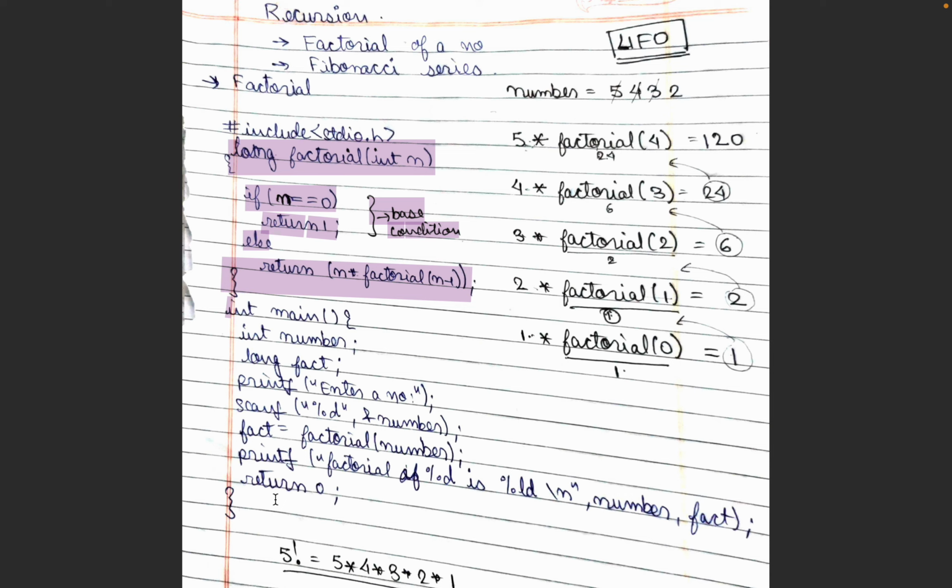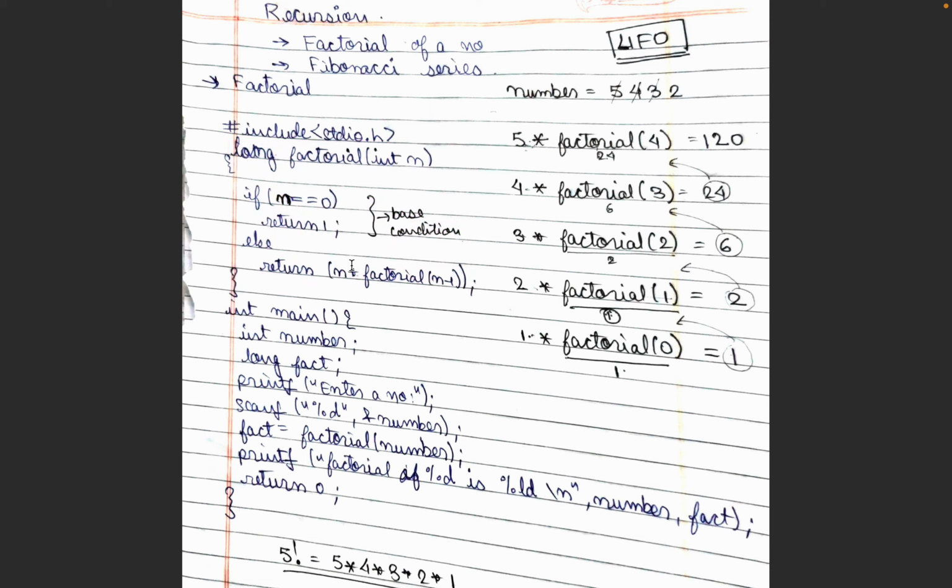But in some cases you need to include the function prototype, which I will cover in a video in which I will be executing and showing you. So let's keep that apart, like which should be at the top and which at the bottom. Let's focus on how to do the dry run, because that's very important in recursion.